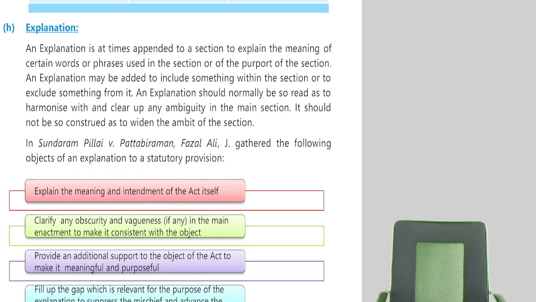Okay. Next, point number 1 is done. Now you are writing point 2. Write down point number 2. Explanation may include or exclude something from the main section.